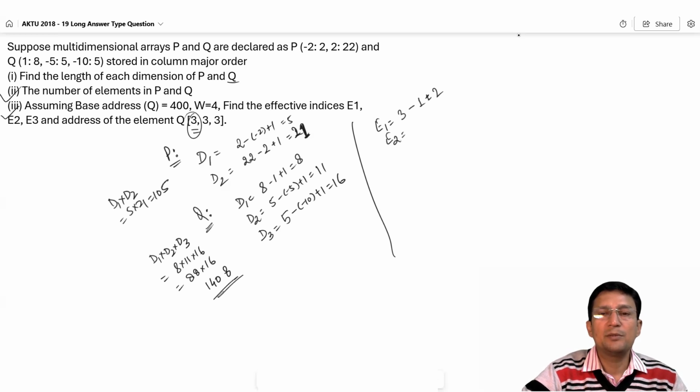Effective index 2 will be equals to current index 3 minus the lower bound. Second dimension का जो lower bound है वो -5 है. So this will be 8. Effective index 3 will be equals to 3, which is this dimension, minus lower bound is -10. And then this will be equals to 13.